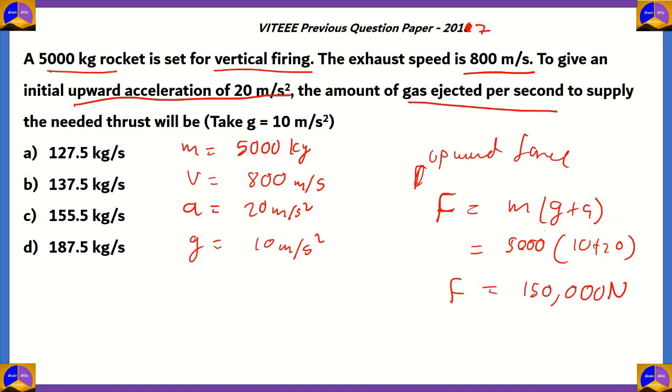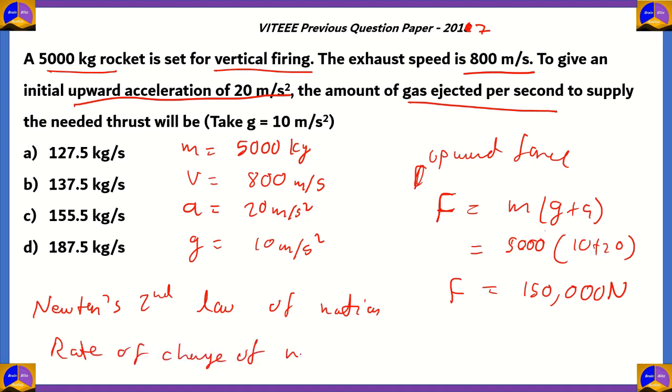But what we need to find out is the amount of gas ejected per second. So we need to revisit Newton's second law of motion. What it says is that the rate of change of momentum is directly proportional to the applied force.